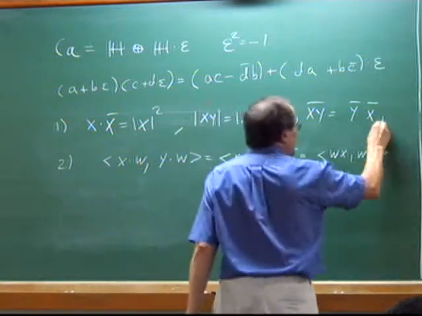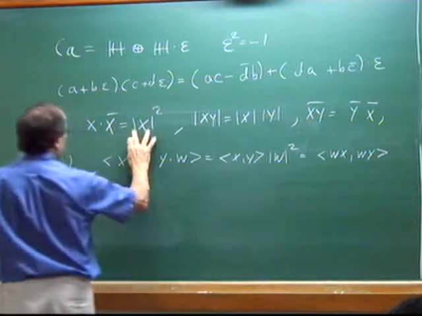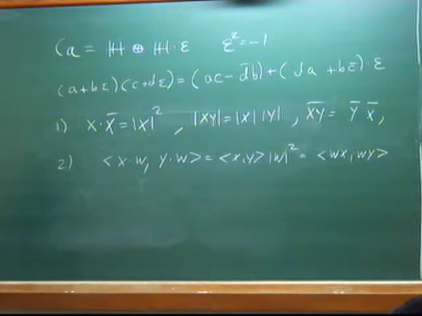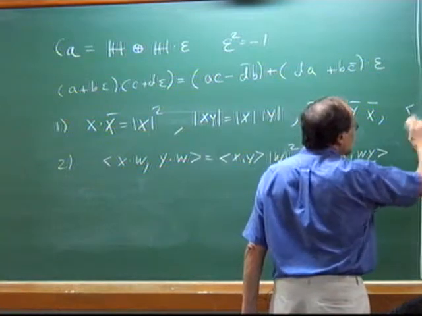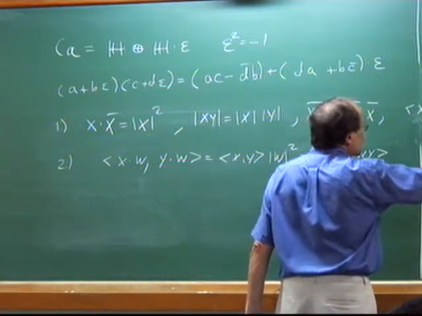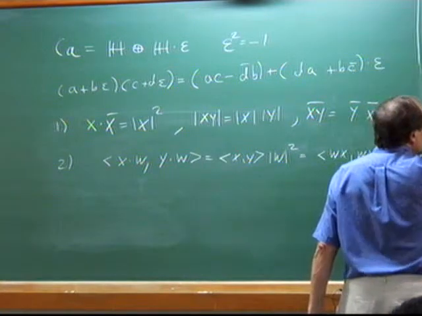Let me add one more statement over here. So this tells me what the inner product looks like in terms of multiplication. It's x times x bar, but that's what the norm looks like. But what's the inner product? Actually, that's the real part of x times y bar.